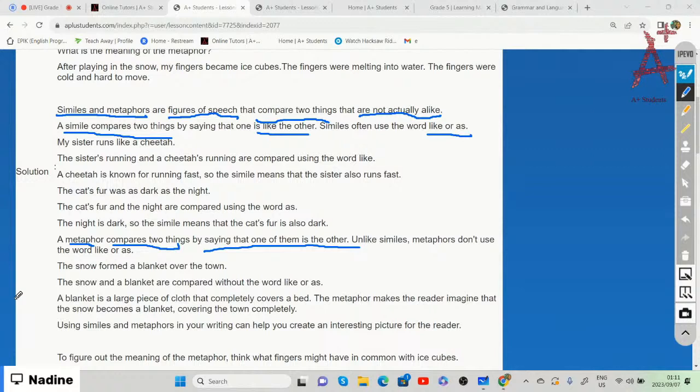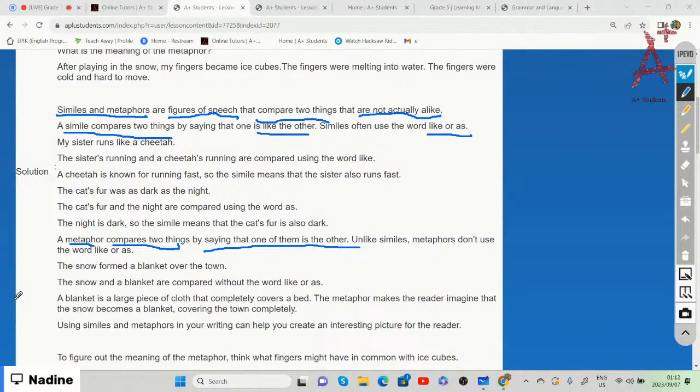So once again, we have similes and metaphors. Similes and metaphors are figures of speech that compare two things that are not actually alike. A simile compares two things by saying that one is like the other, and we use words like or as.